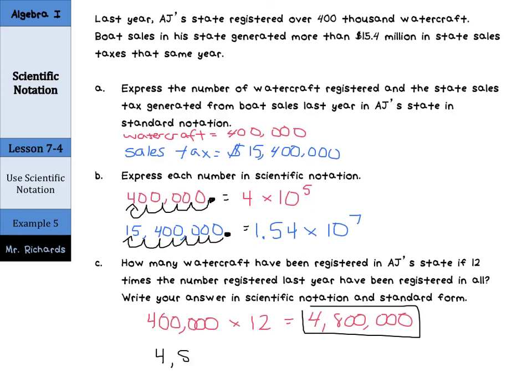And now to get this number into scientific notation, we're going to move this decimal place over 1, 2, 3, 4, 5, 6 times. So it's going to equal 4.8 times 10 to the 6th. So sometimes you can compute in scientific notation, sometimes you can just use your number that was in standard notation and compute with that. That is it for this lesson. Good luck.